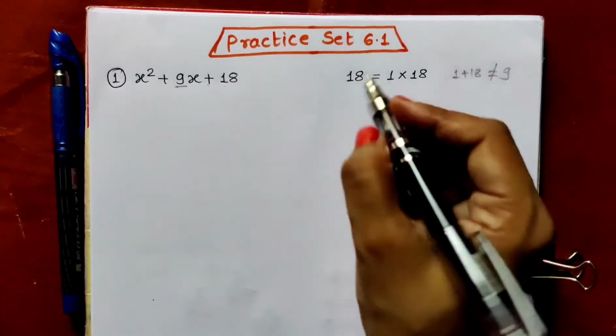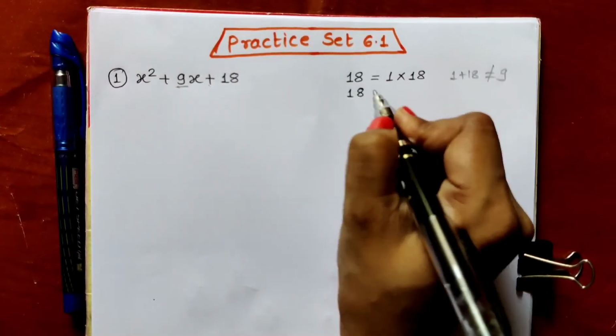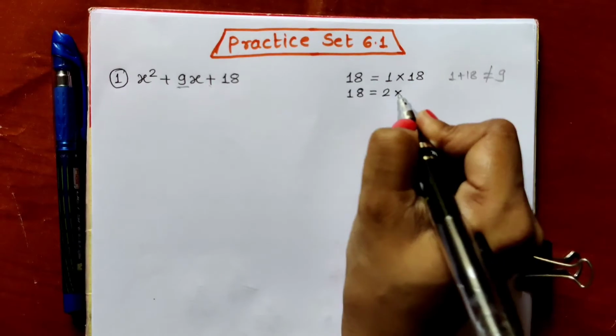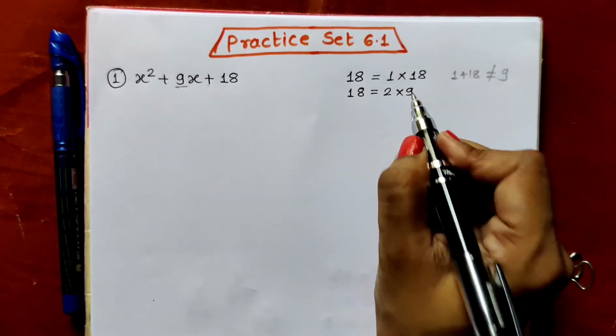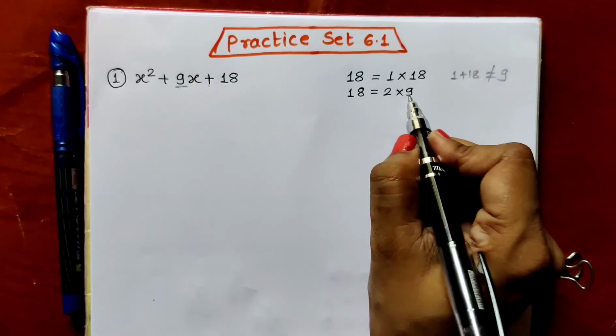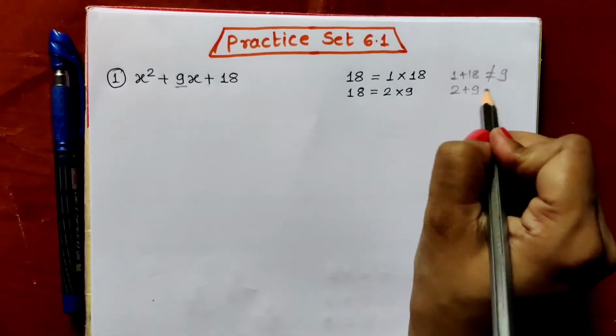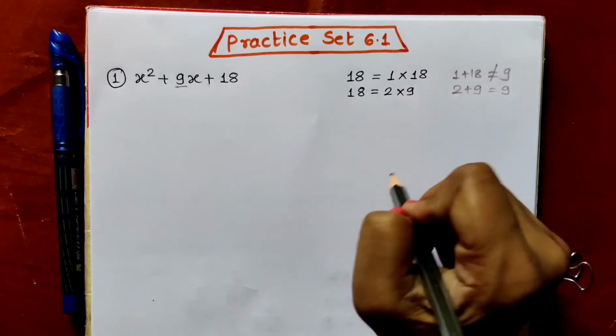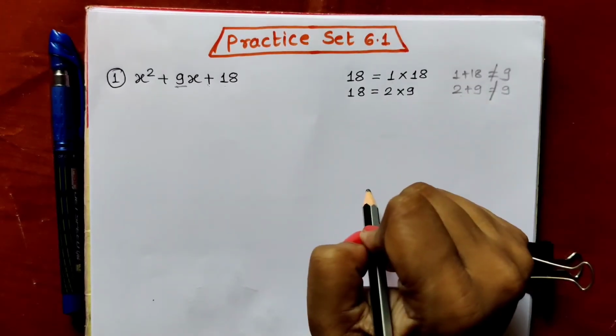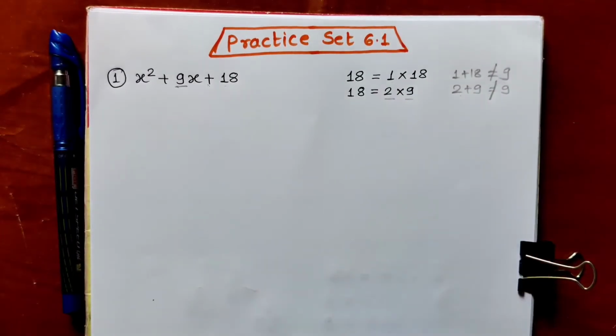Now let us see the next two factors of 18. 2 9s are 18. 2 and 9, these two factors are there of 18. But 2 plus 9 is also not equal to 9. 2 plus 9 is 11. So we cannot take these two factors either.